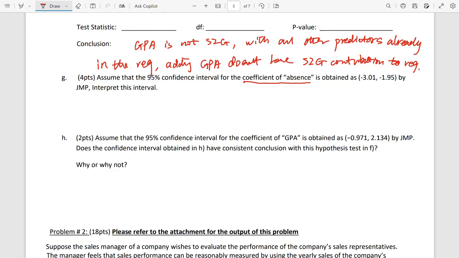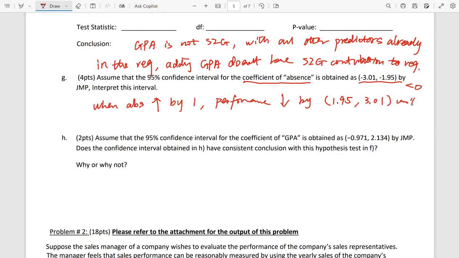When the absence increases by 1, the performance will, since the whole confidence interval is below 0, decrease by how much? By 1.95 to 3.01 units.